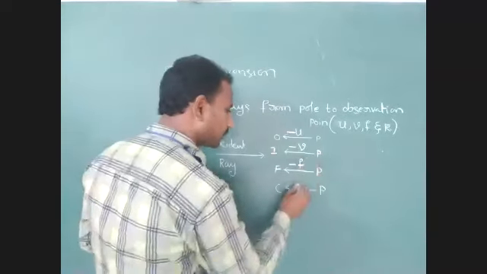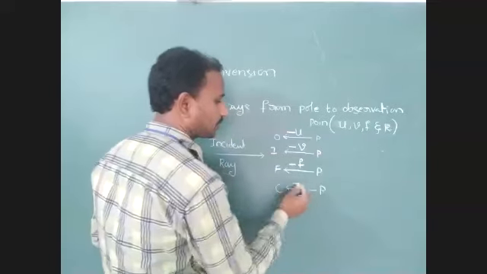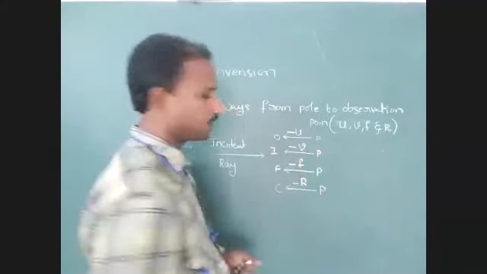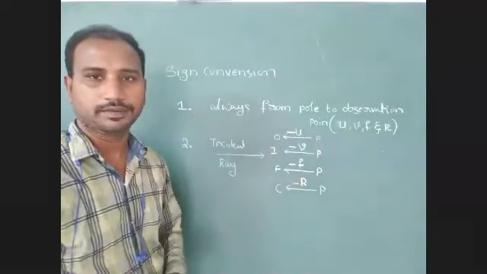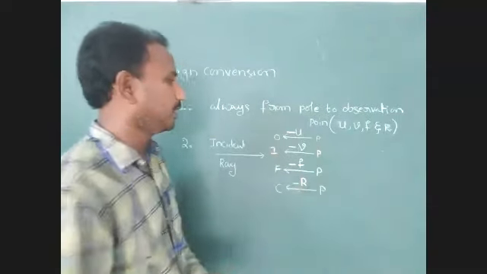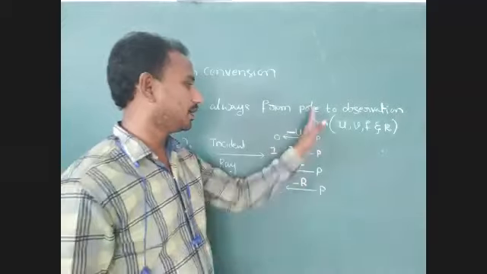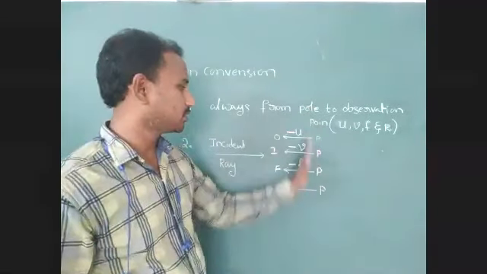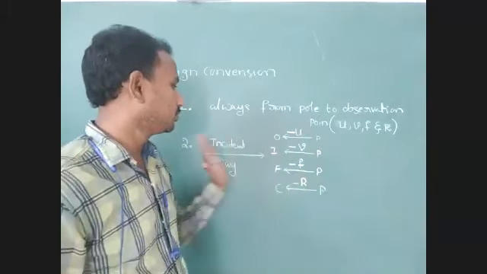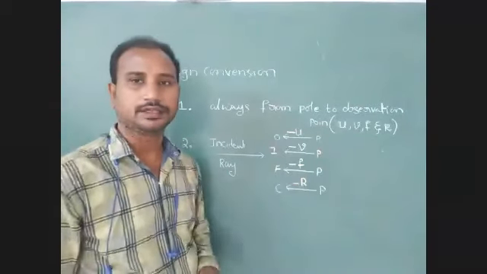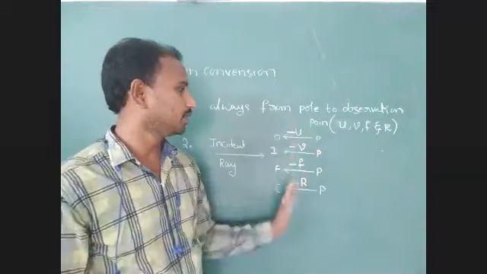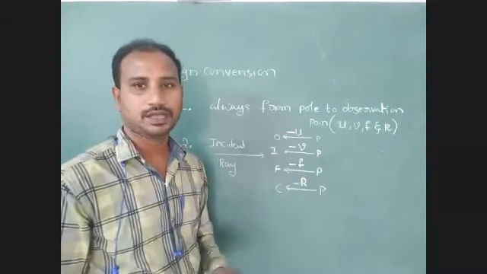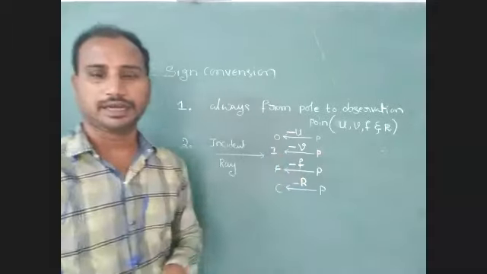The sign convention for radius of curvature is minus. Whenever the direction of distance is opposite to the incident ray direction, we give the sign minus. Understood?